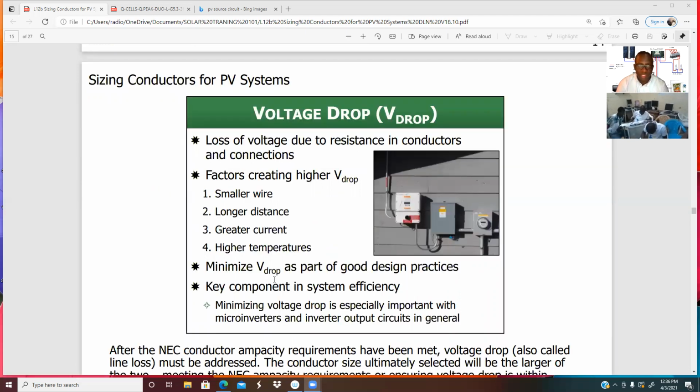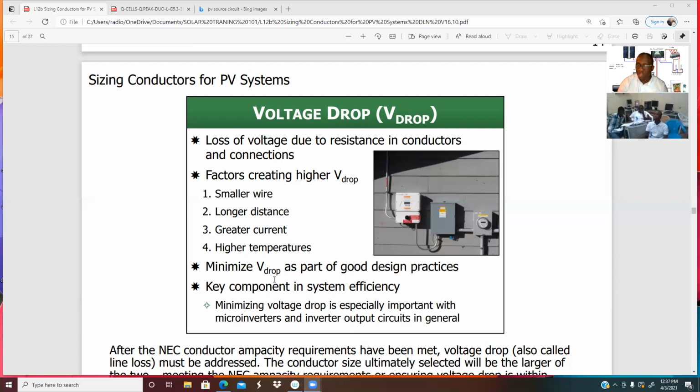Now we move on to voltage drop, the V drop. This is a very important area. Loss of voltage due to resistance in conductors and connections. Factors creating high V drop. What are the factors that cause high V drop? Number one, smaller wire. Number two, longer distance. Number three, greater current. Number four, higher temperatures.